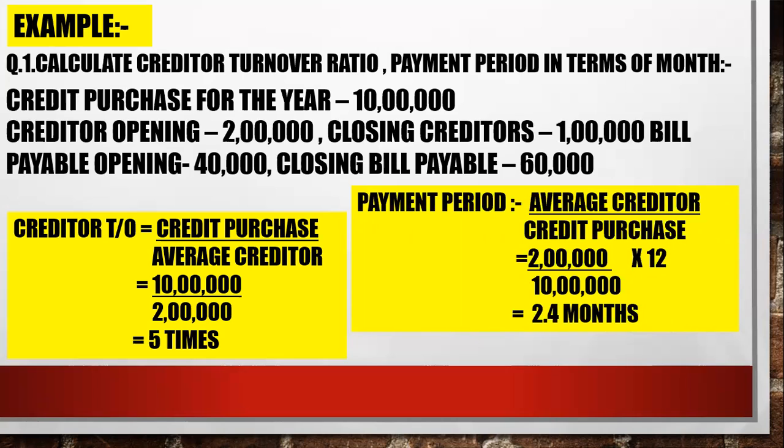Yes, ma'am. Okay, so this was the last ratio. We have seen all types of ratio: liquidity ratio, solvency ratio, activity ratio, profitability ratio, and the market value ratio. So we are done with all the ratios over here. If anyone has a doubt, just let me know, कि किसी को कोई भी ratios में कुछ doubt है calculating में, because अगर आपको formula याद है you can solve it directly.